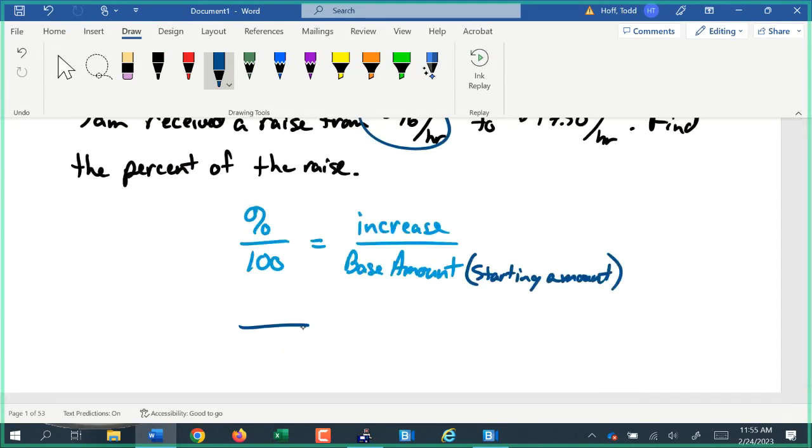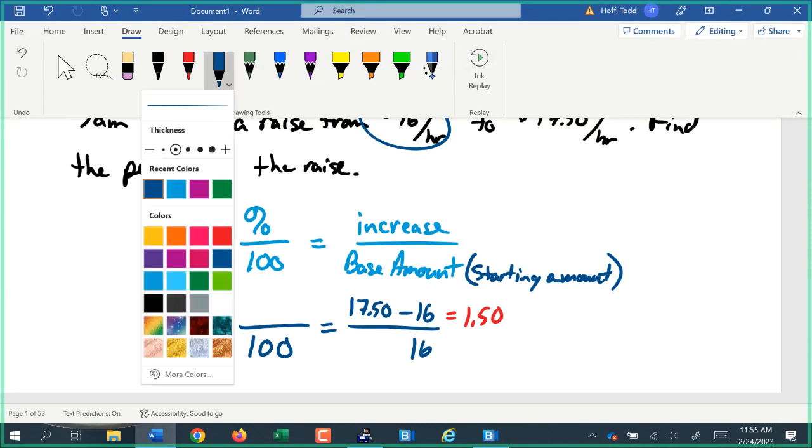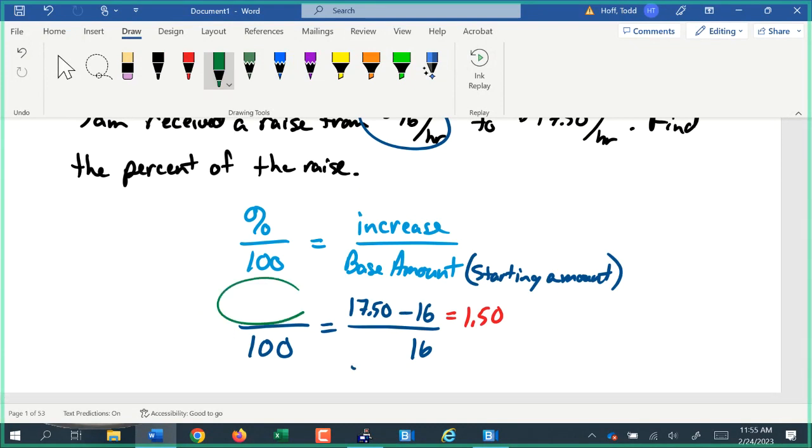So if we set this up, it is percent over 100. We find the amount of increase. Well, the amount of increase is we're at $17.50 now, and we were at $16 an hour. We subtract that, that's a $1.50 increase. Over the $16 per hour was the original amount. So that's the base amount. So then to find our percent increase here, we cross multiply.